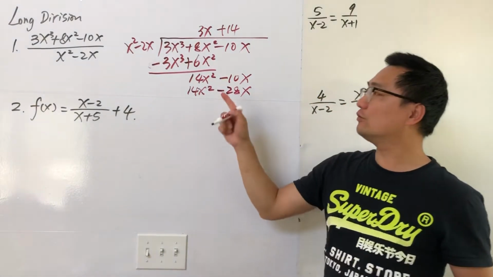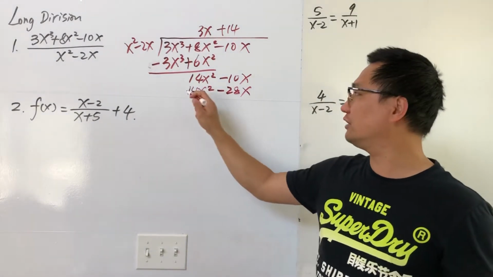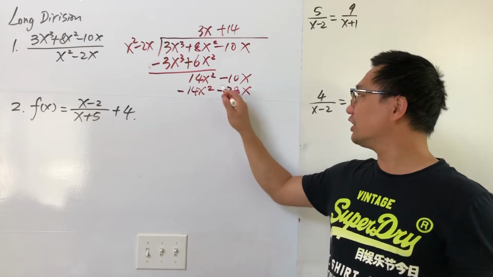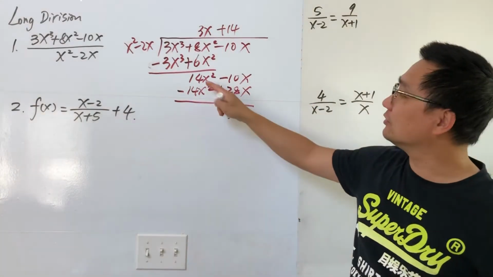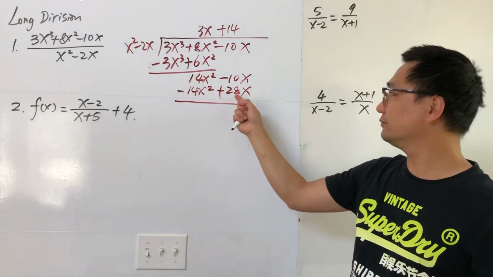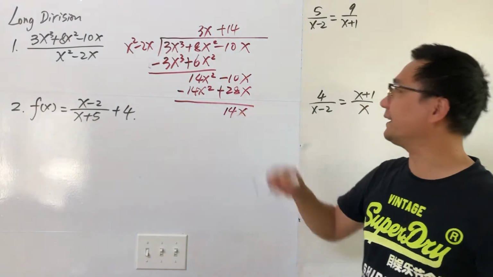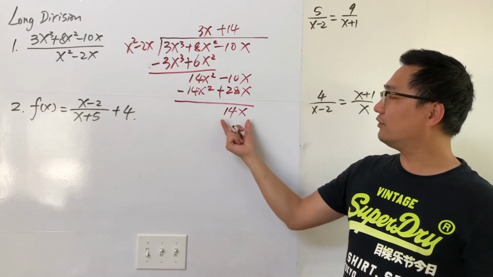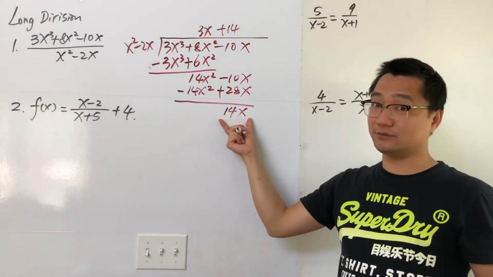As I told you, if you don't want to do the subtraction, just change all the signs. Now this changes to negative, this changes to positive, and then add together. So this changes to 0. Negative 10 add 28 is 18x. Okay? Now you cannot get rid of 14x anymore because this is x squared. That means 14x is the remainder.